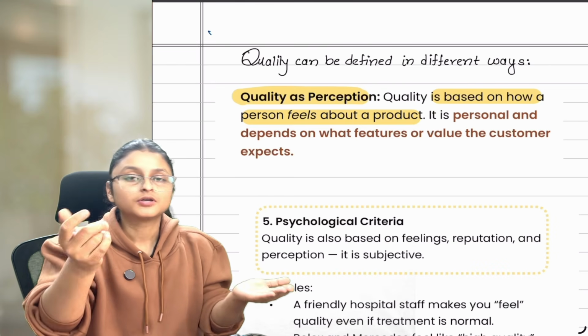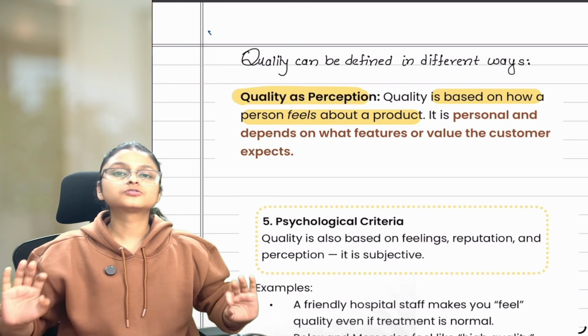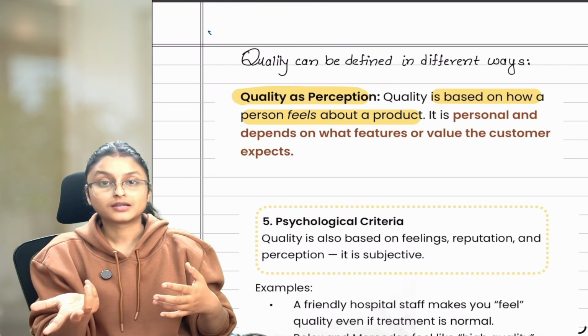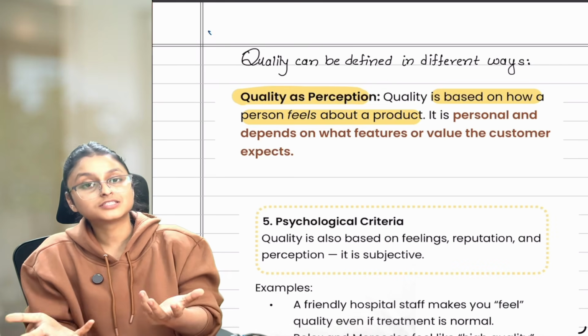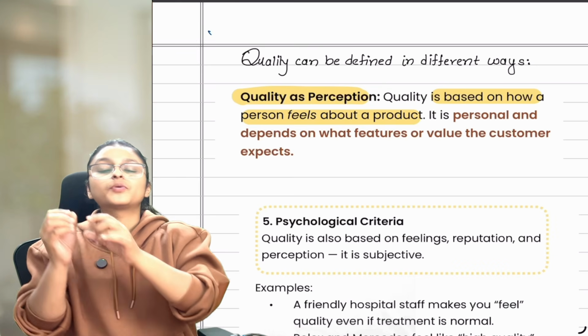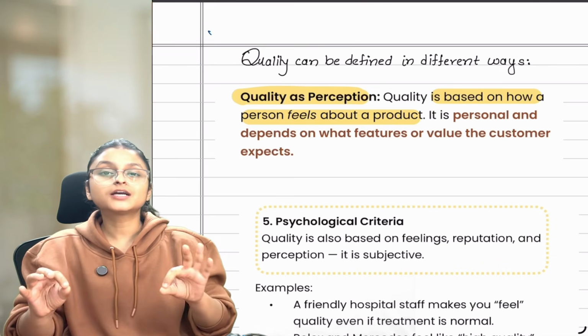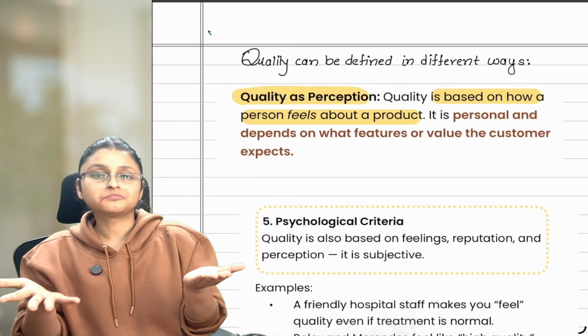Even if both of them have the same type of water, we feel that it is a quality product just because it is a branded product, just because we have seen its marketing. We think that it provides extra quality or extra safety. Similarly, think about a branded medicine or a non-branded medicine.